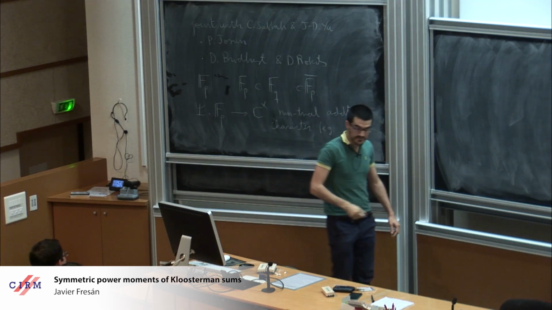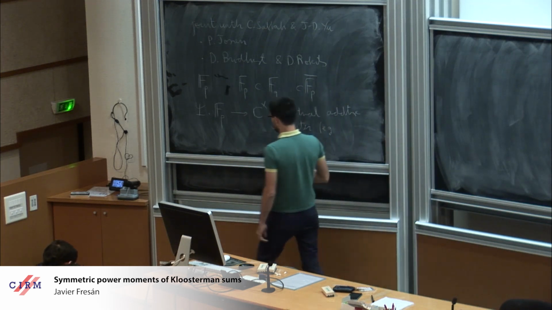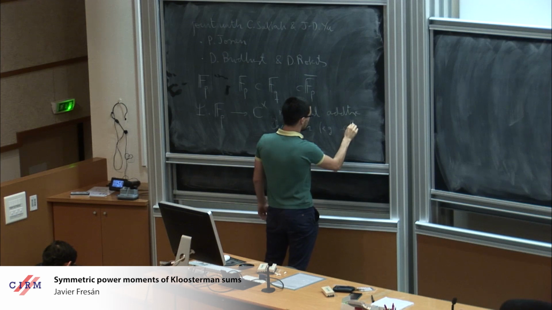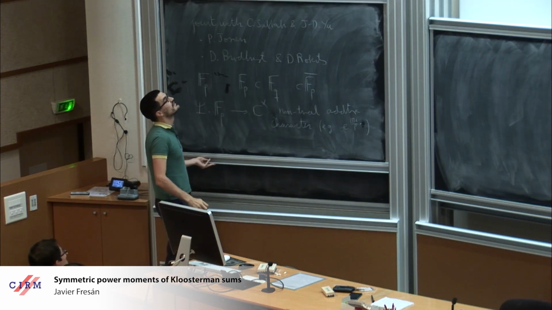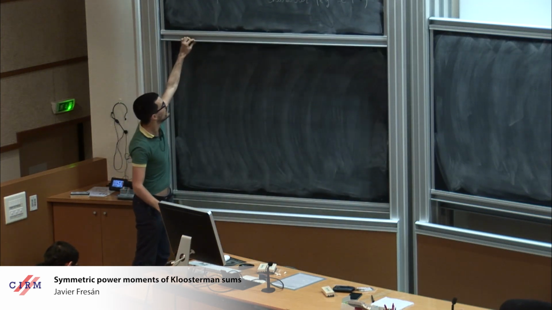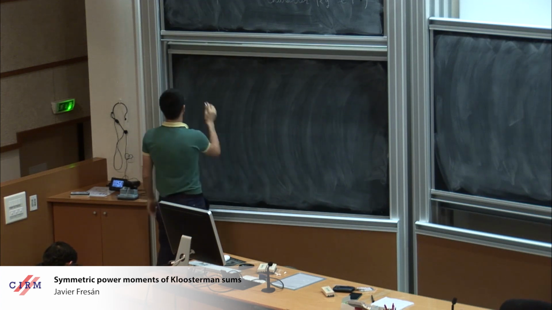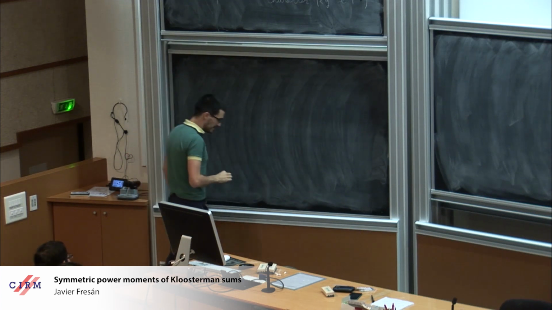And as you will see, you will not lose anything in assuming that this character is exponential of 2 pi i over p times the trace of your element of the finite field. And so then you can define Kloosterman sums.